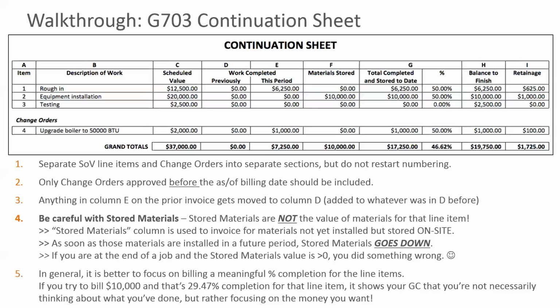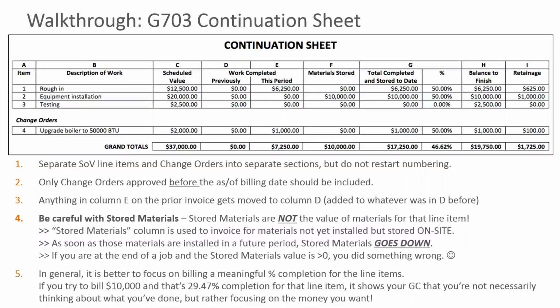And the reason why this exists in the AIA documents, especially for the trades with huge cash outlays up front, we talked about the concrete guys earlier, guys like that, who spend a lot of money and would have cash flow problems if they couldn't collect on materials stored once it showed up on the job site. So really, it's like a cash flow management tool. And what's supposed to happen is as you complete work, that actually ends up getting incorporated into work completed.